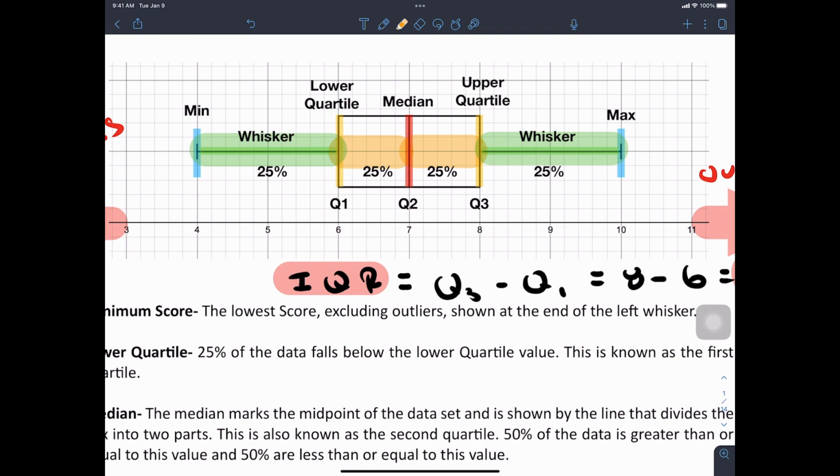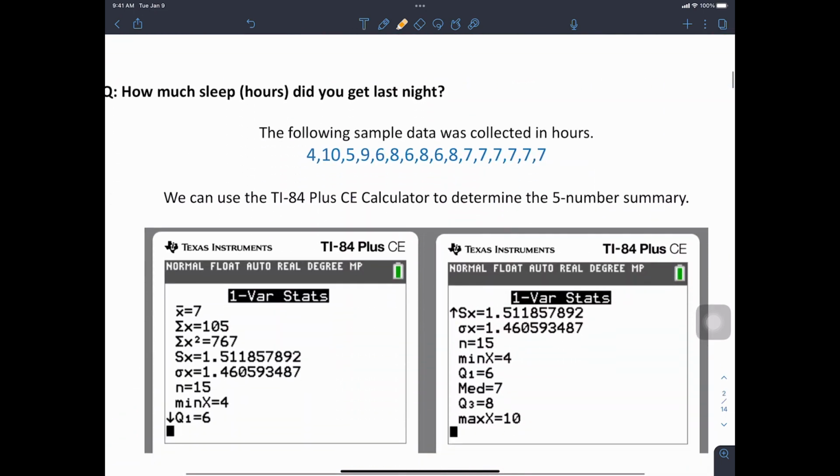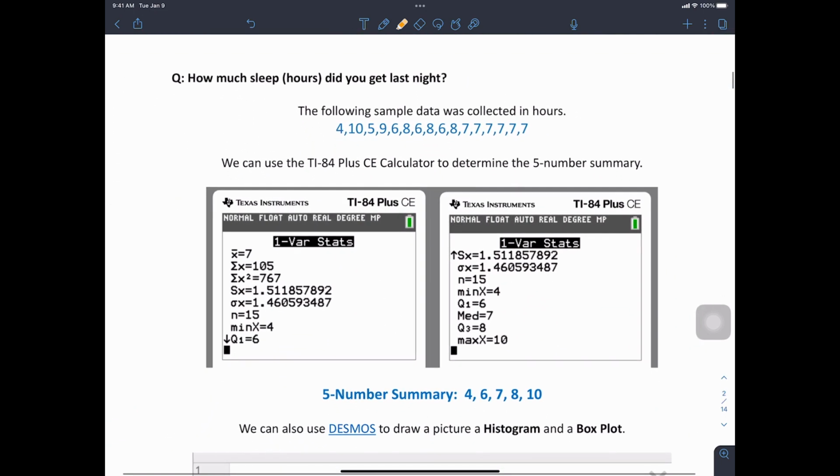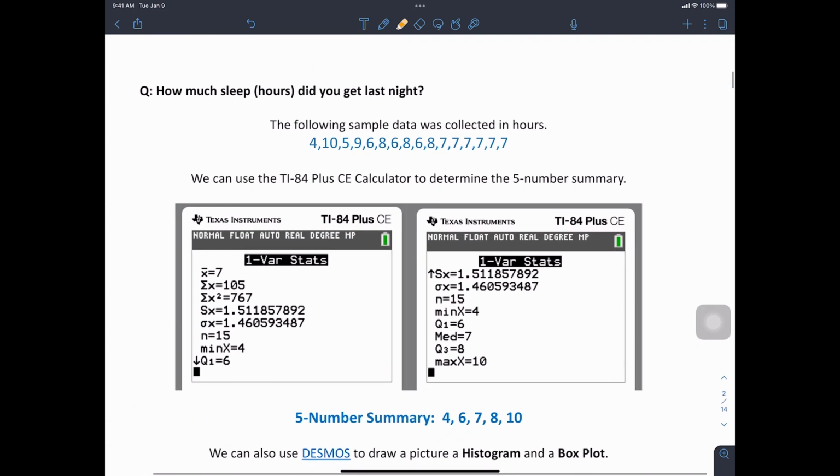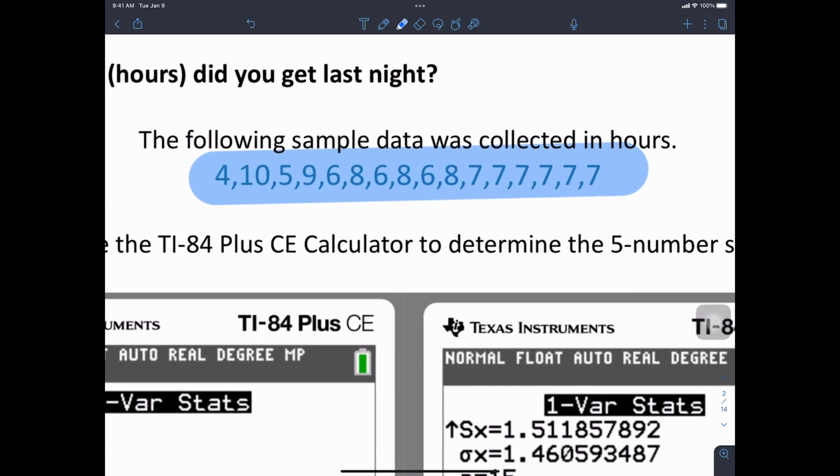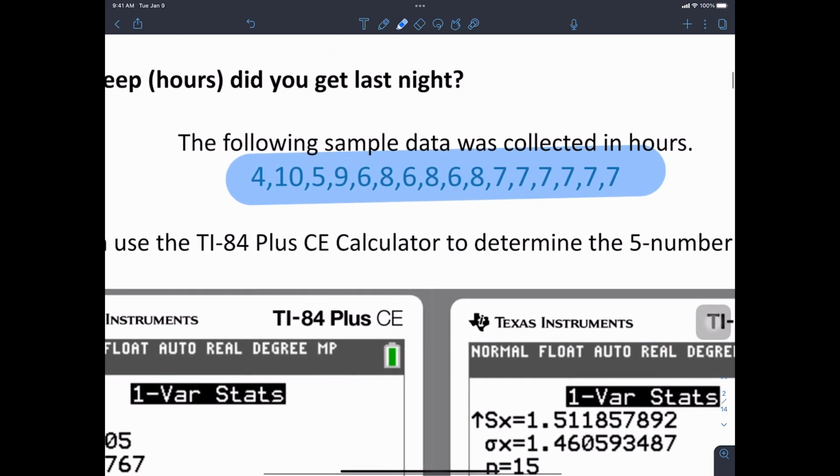That's an important detail for box plots. Where I got this data was right here: this is the data set I used to create my box plot. Notice there are no data values smaller than 3 and none above 11. That means there are no outliers.